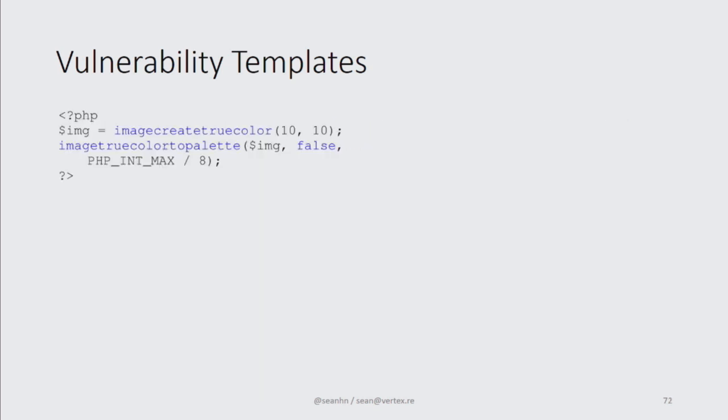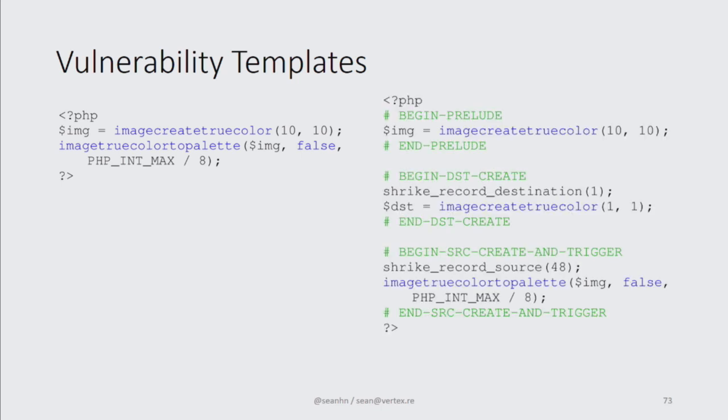So what they look like is as follows. This is from a PHP bug report. It triggers some overflow in the second function here. So we will take whatever our vulnerability trigger is, and we will construct a template that looks like this. The template has a prelude, which is just some things that need to happen. It then has something for creating the destination, which is the thing we're going to want to corrupt, and finally it has a vulnerability trigger.